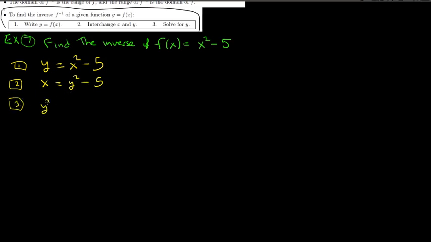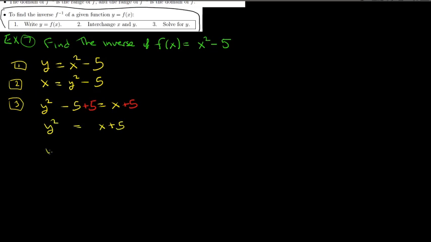So if y squared minus 5 equals x, what's y? Well, before I try to get rid of the exponent here, let's add 5 to both sides. And now we get y squared is equal to x plus 5.